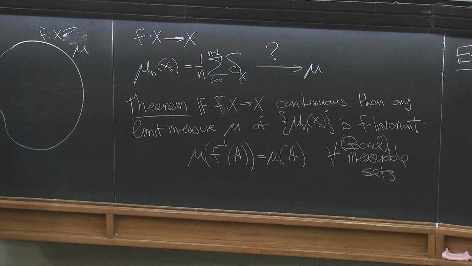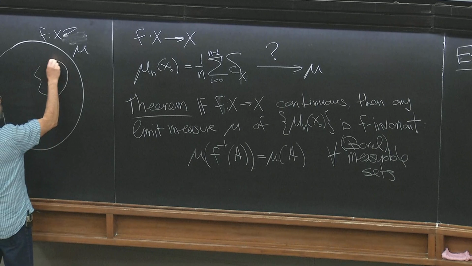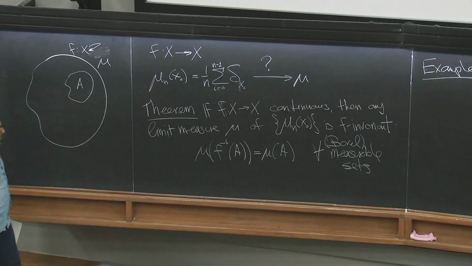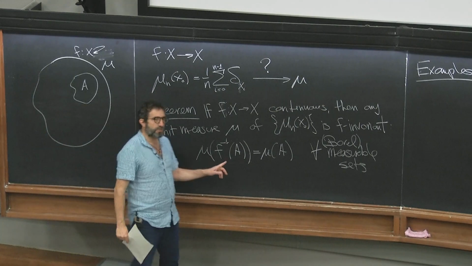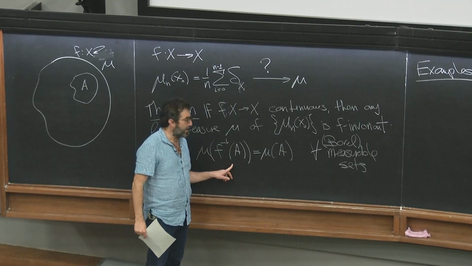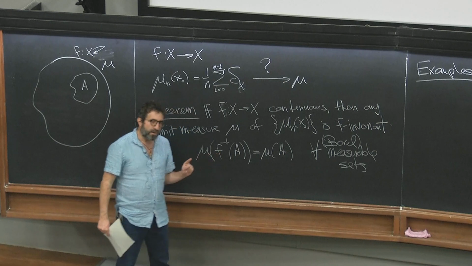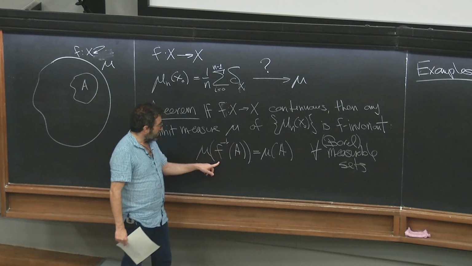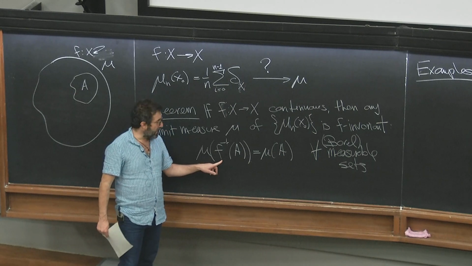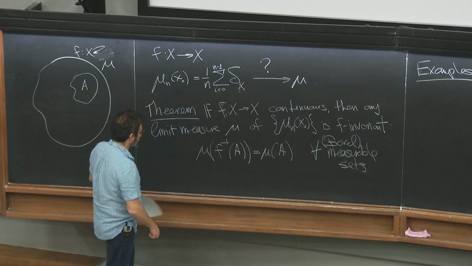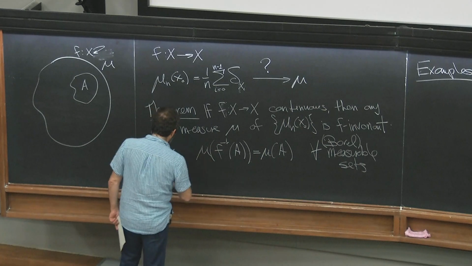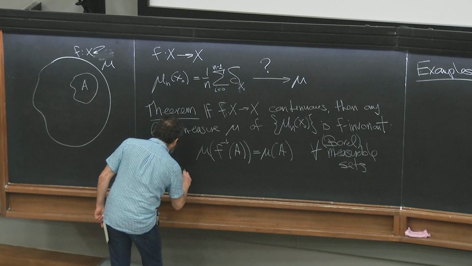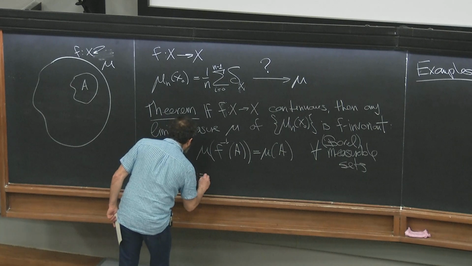Now we take a set A, and then we look at the pre-image of A. I think I mentioned at the beginning, if not, I will mention it now, that this notation does not necessarily imply that f is invertible. Even if f is not invertible, what I mean by f minus 1 of A is simply the set of pre-images.